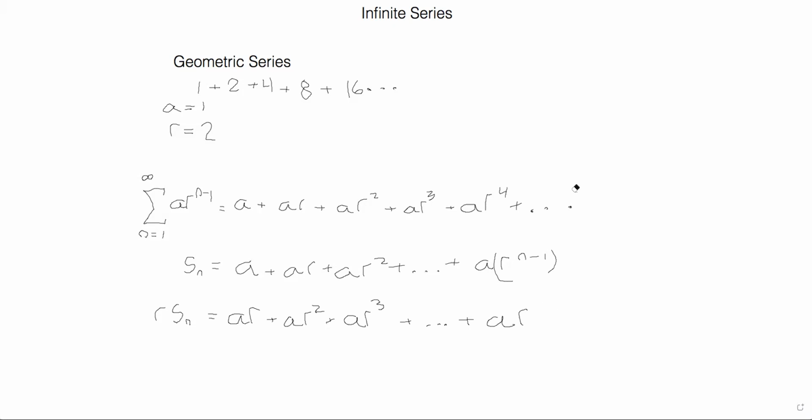I forgot to write the n. So our concluding element in this finite set would be A times R to the n power.